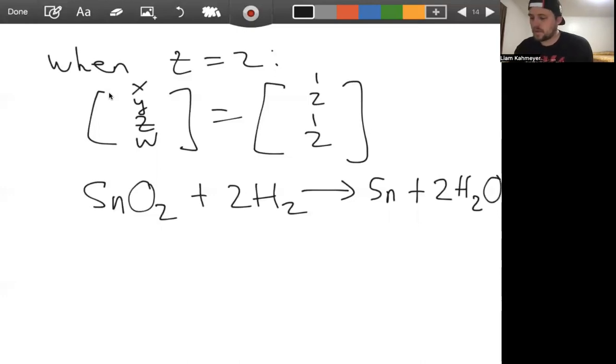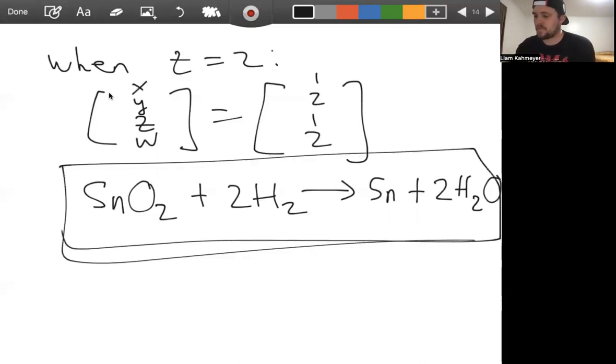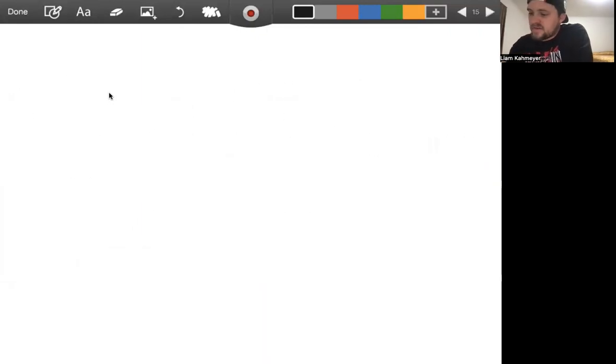This would be your balanced chemical equation from the chemical reaction that we started with. All right, so this was a chemistry example. I want to do one more example. Let's look at a physics example.